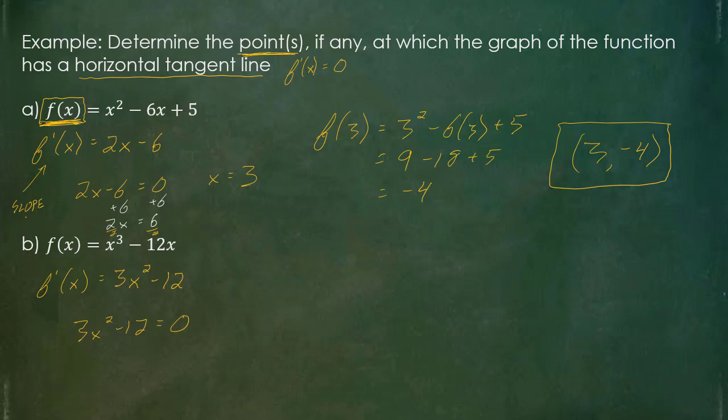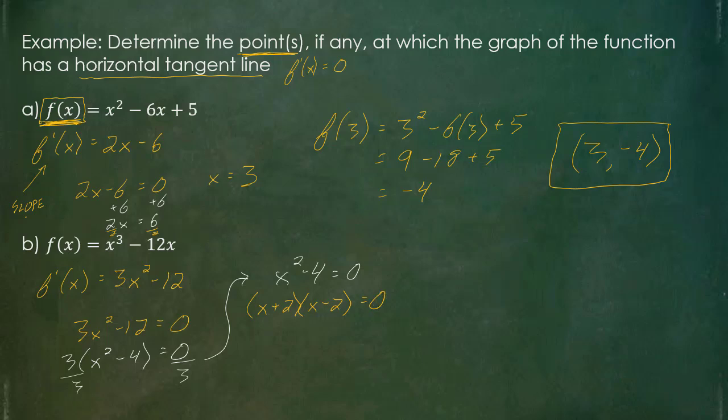Looks like I could factor a 3 out, and that would leave x squared minus 4. But then I could go ahead and just divide that 3 over to give me x squared minus 4 just equals 0. X squared minus 4 is a difference of 2 squares, so I could factor that to get x plus 2, x minus 2.